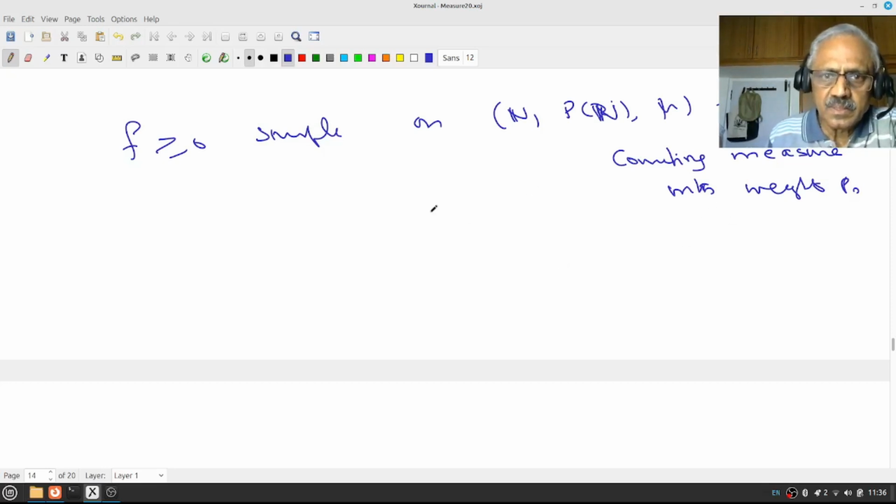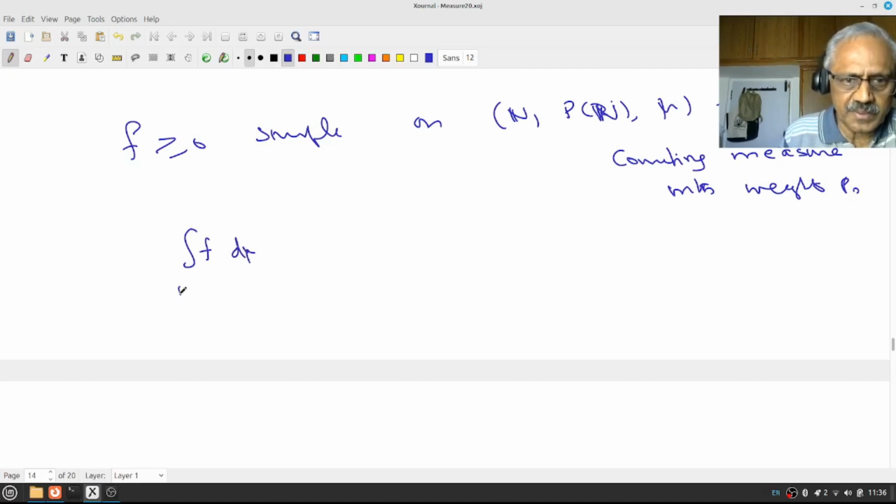If f is simple, then what is the integral of f with respect to this measure over N?